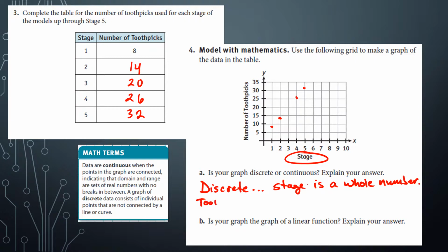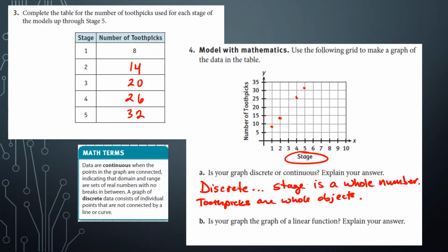The toothpicks are whole objects also, and each time you do another stage, you're adding an entire set of toothpicks. So you could take it even farther than that. But mainly the deal is we're talking about whole toothpicks and whole stages.